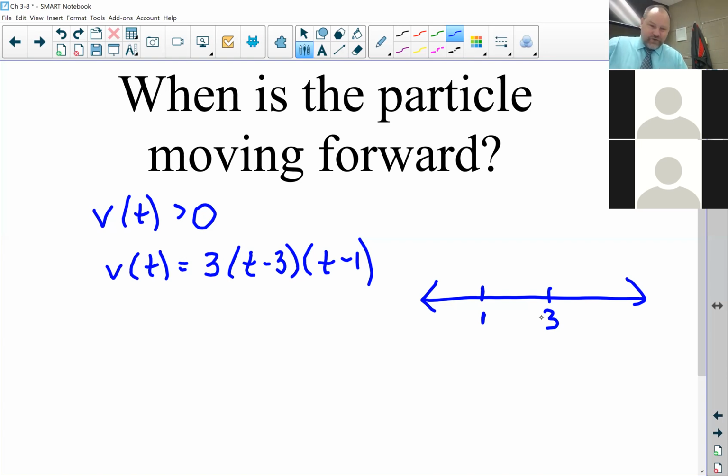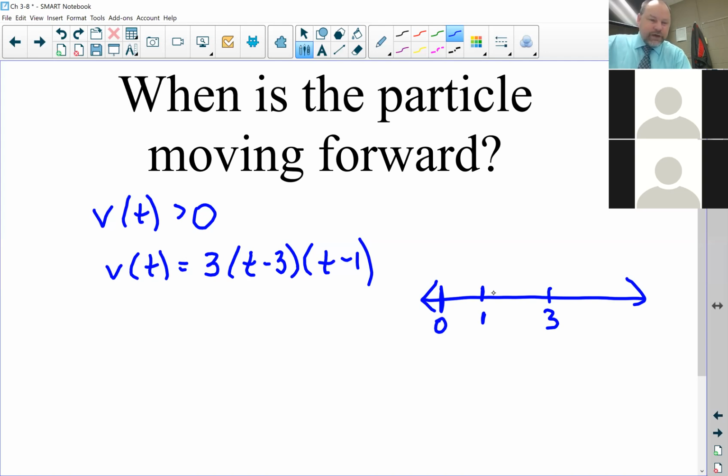So in general, when we're talking about motion, we start at 0 and move from there. Generally don't consider negative time. So if I pick a value between 0 and 1, like maybe a half, and plug it in for t into the velocity function, that will tell me if at 1/2 the particle is moving forward or backward.